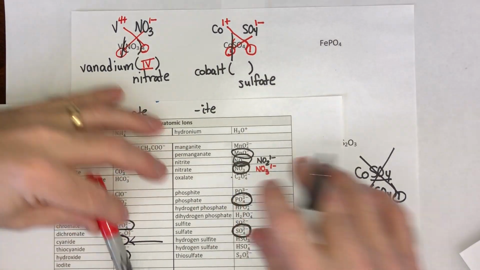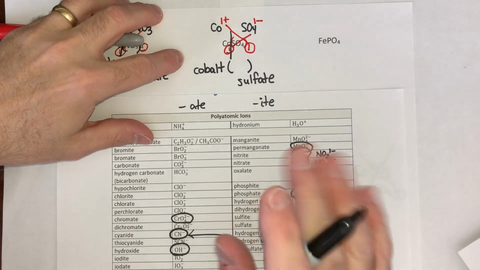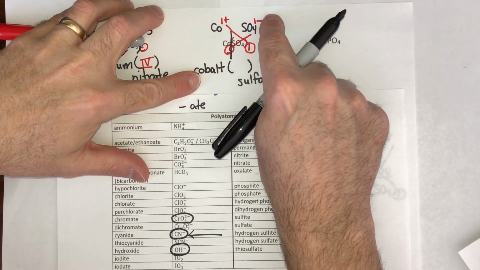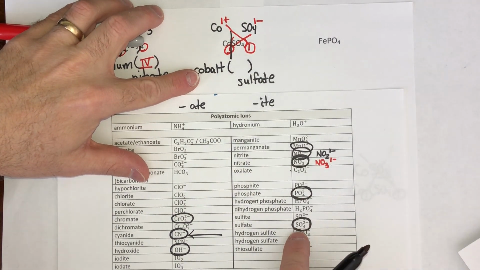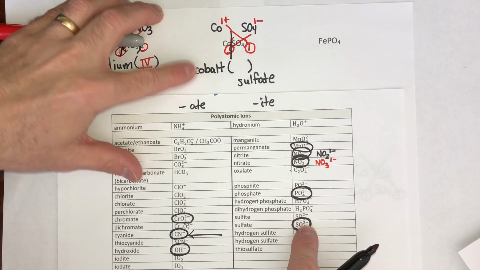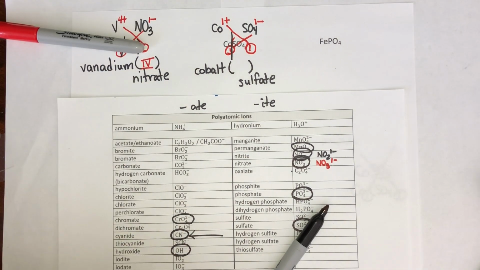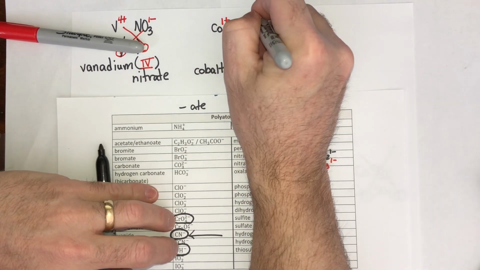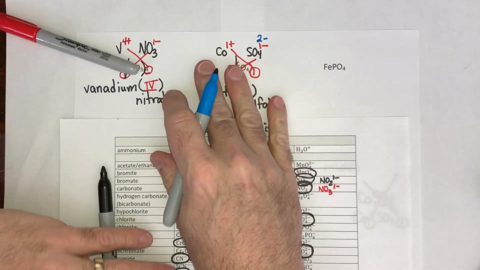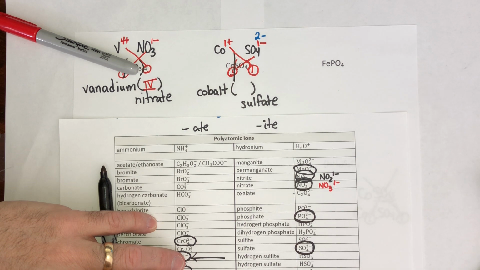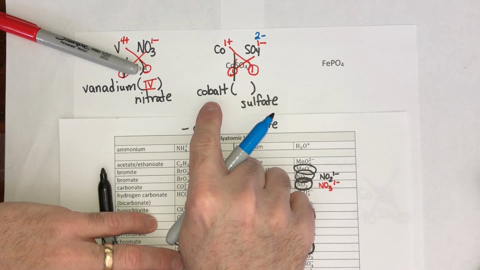Okay, so now like always, we have to check to make sure everything worked out okay. Does sulfate actually have a 1- charge? No. Sulfate has a 2- charge. So for this one here, sulfate shouldn't be 1-, it should be 2-. That means this was originally reduced.